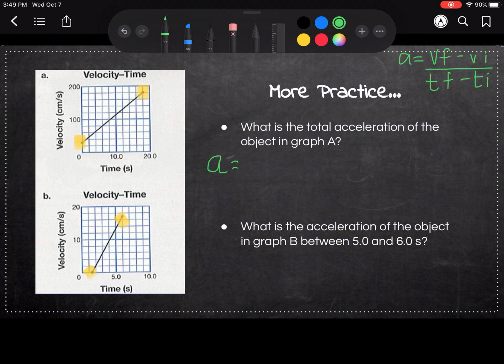So it is that change in time, so we do need to do TF and TI as well. Let's plug this in. So for our velocity final, that's this one right here. The velocity is just under 200 there. Just got to figure out 1, 2, 3, 4, 5. So each of those blocks is going up by 20. So 20, 40, 60, 80. So that's 180 centimeters a second.